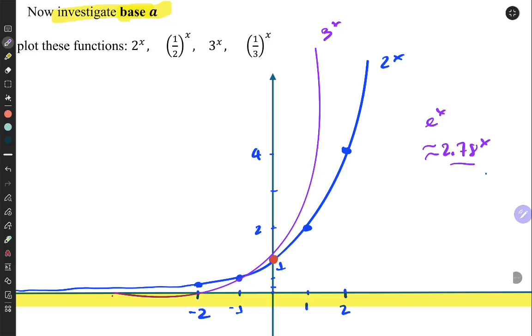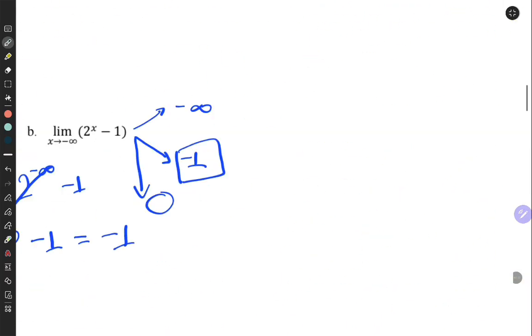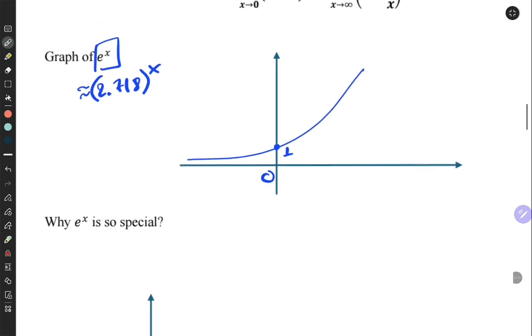Look at that number, that's between 2 and 3. So the plot of e to the power x will be squeezed somewhere in the middle, between the bases 2 and 3.